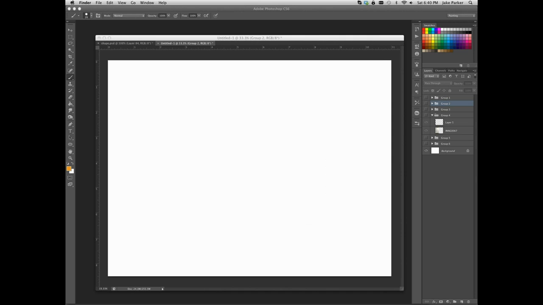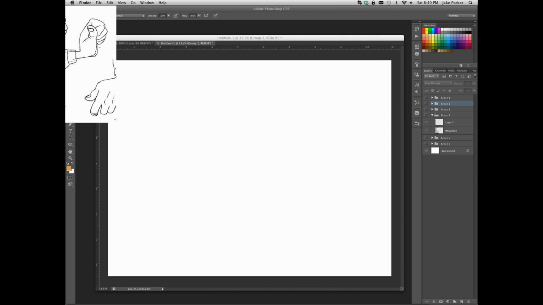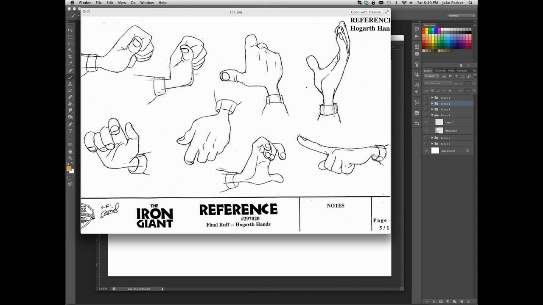Let's show you some examples of hands from a Google image search. So this is Iron Giant. If you just type in hand model sheet, you can get all kinds of things up. But look at how these hands have the wrist attaching to the one side, really favoring that side.